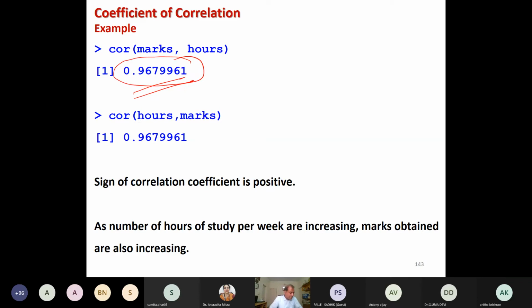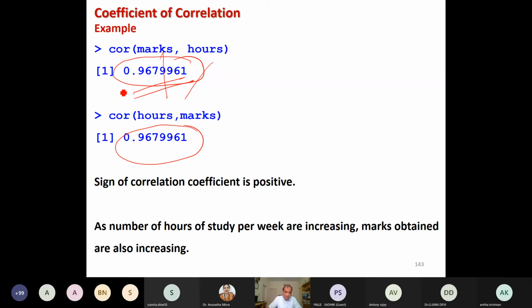And if you interchange marks and hours, it is again the same thing. It is obvious that the correlation coefficient is a symmetric measure, in the sense that the correlation coefficient between x and y and between y and x is going to be the same.